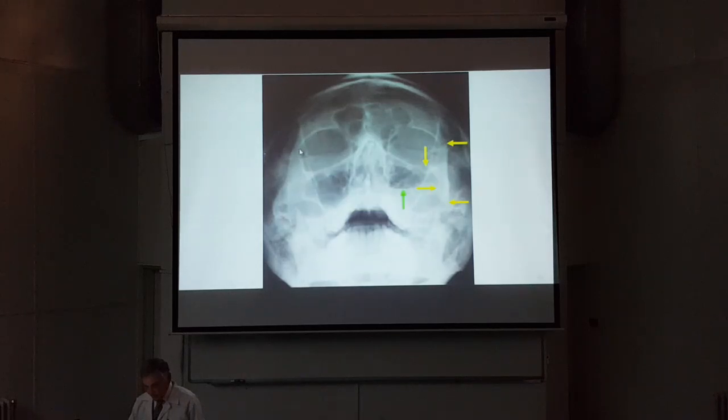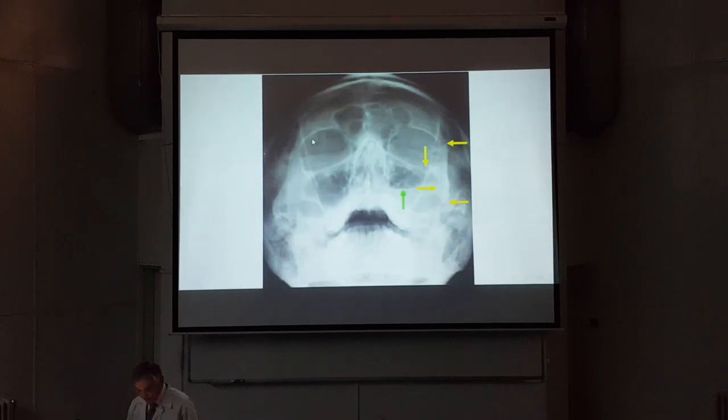These lines are margins of the orbit, and you know that. These bubbles are frontal air sinus. This bubble is maxillary air sinus. And lines and bubbles should be compared from one side to the other.